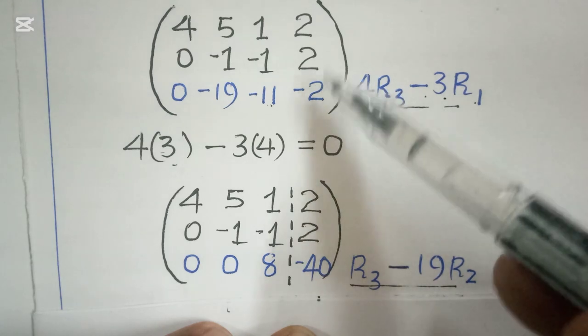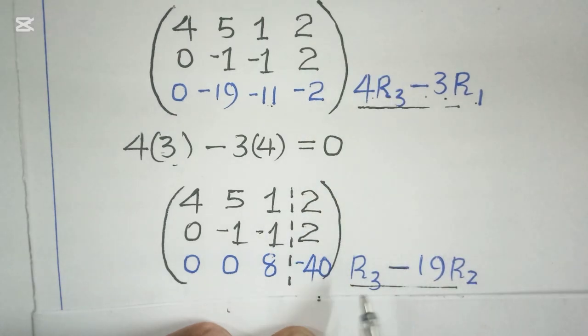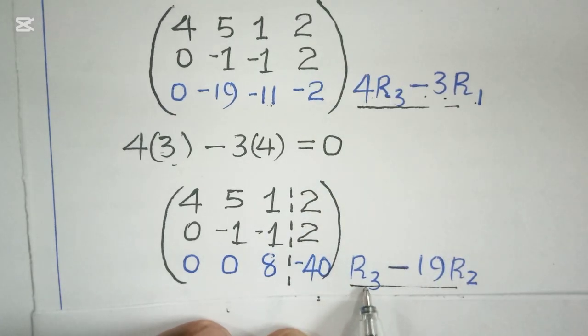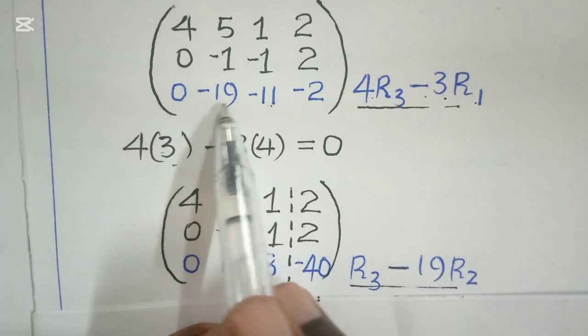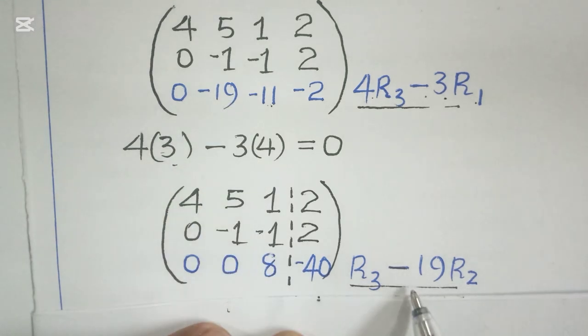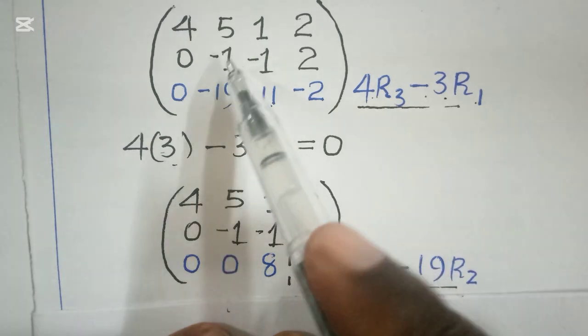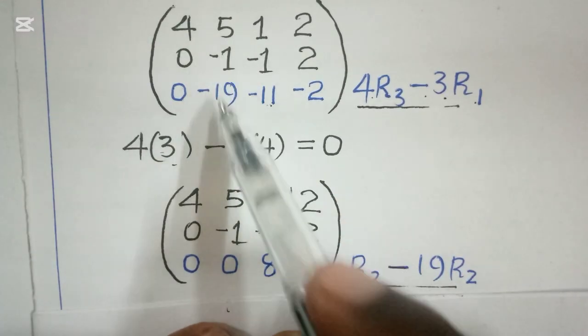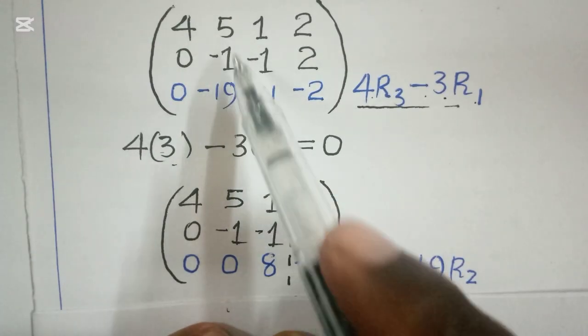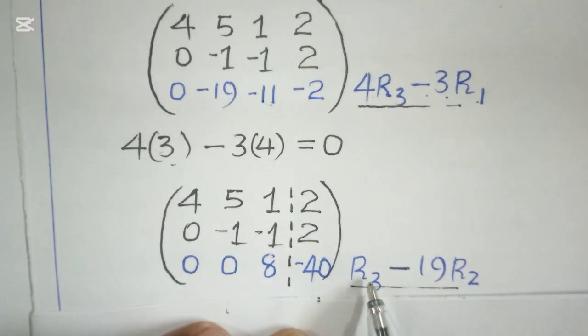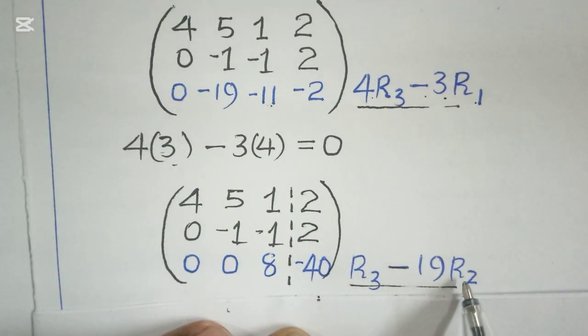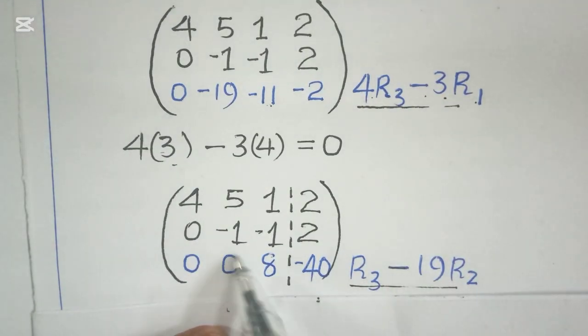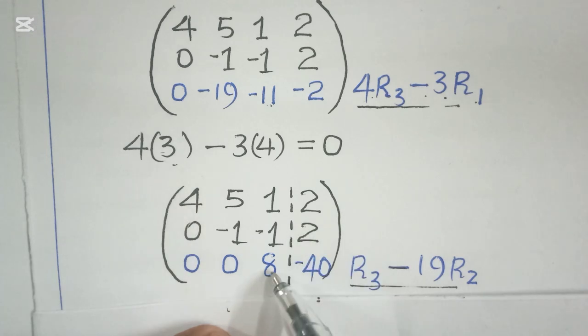Row 3, which is -19, minus 19 times row 2. Remember, for row 2, we have -1 here, focusing on that column. So we have 19 minus 19, which becomes 0. We do the same for this and the same for this.